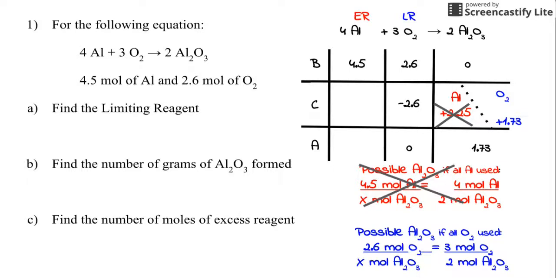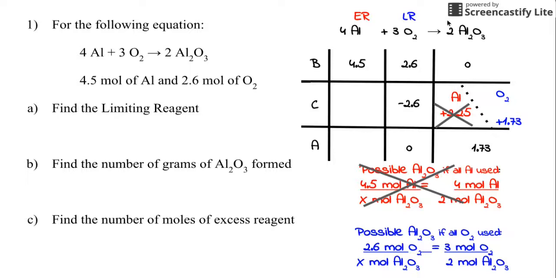I have 4.5 moles to begin with. Now I have to find my change of aluminum. If I take a look at how much aluminum oxide I could make, 1.73 if I use up all my oxygen, I want to find out how much excess reactant I've used.